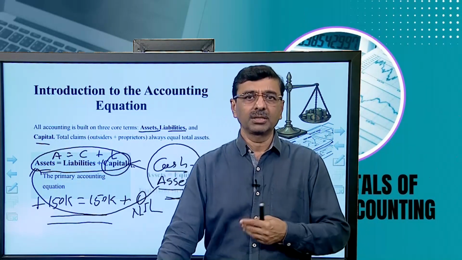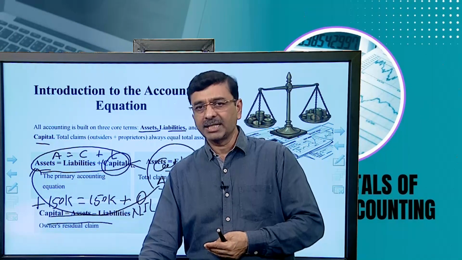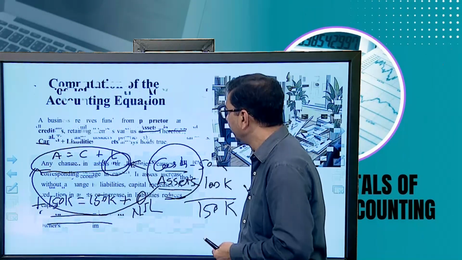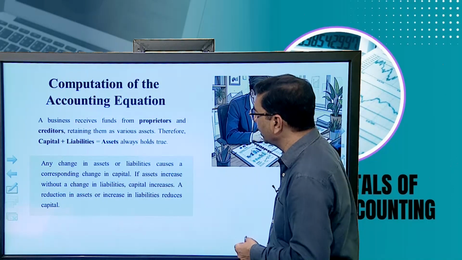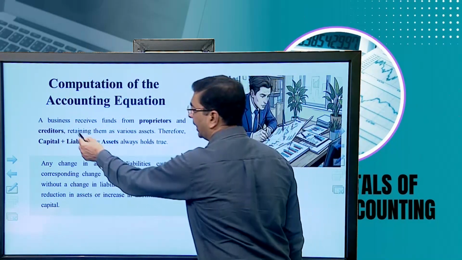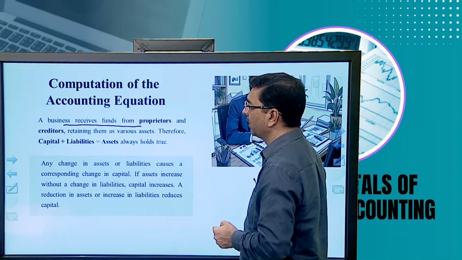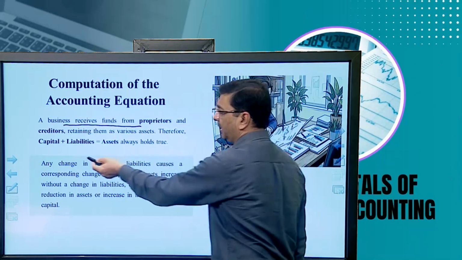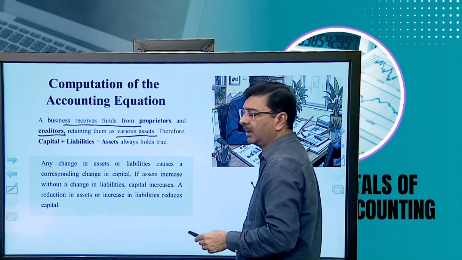Moving next, so this is the equation, how the equation would be considered. Moving to the next part, that is the computation of the accounting equation, how this accounting equation works. Ultimately, the example was very clearly mentioned. The business received funds from the proprietors or maybe creditors, retaining them as various assets.